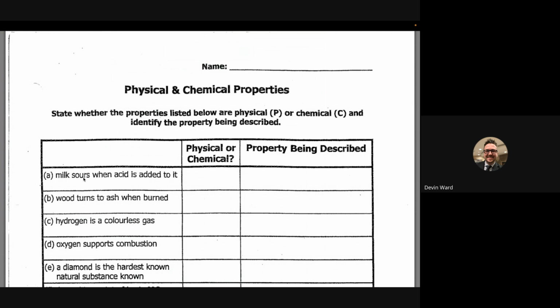The milk is no longer milk. It is a new compound, which I will just call gross milk. So we're changing from milk to gross milk when we add acid to it. It's changing the substance, so it's going to be a chemical change, C.